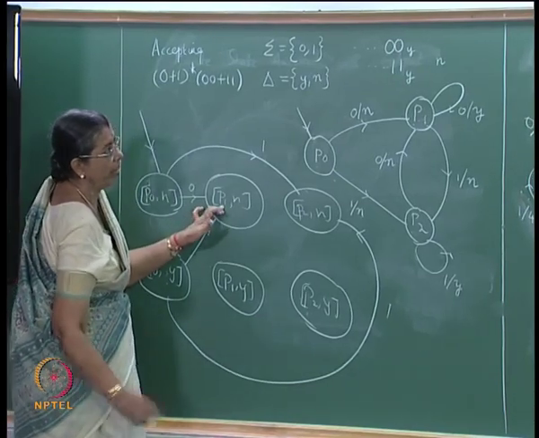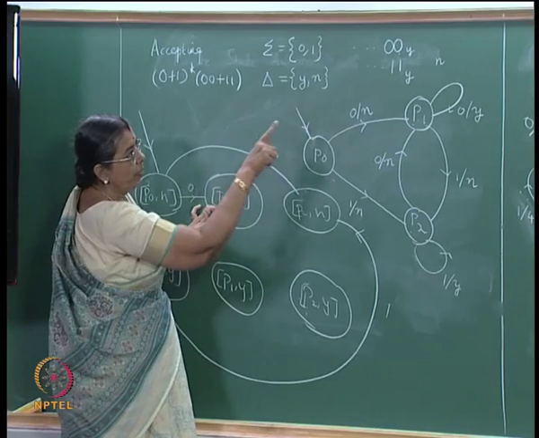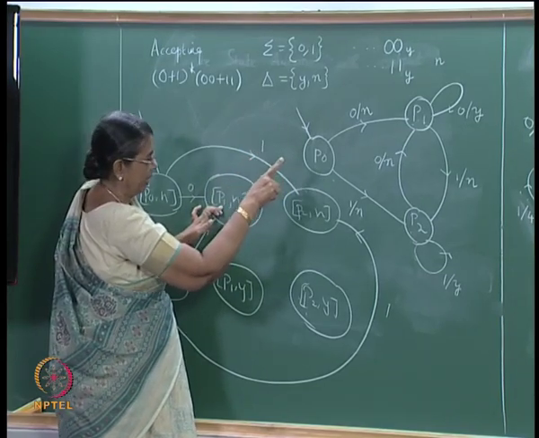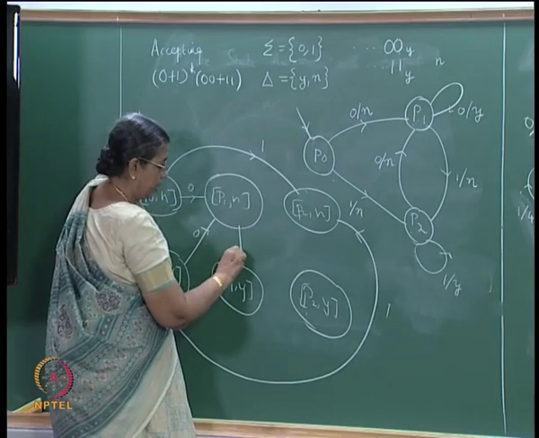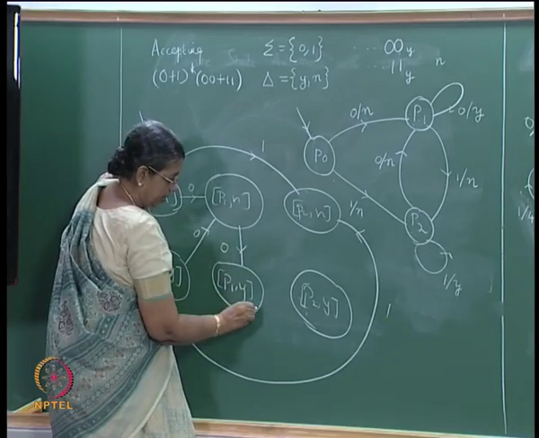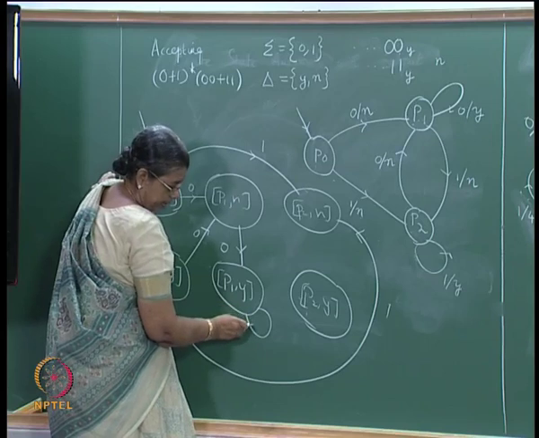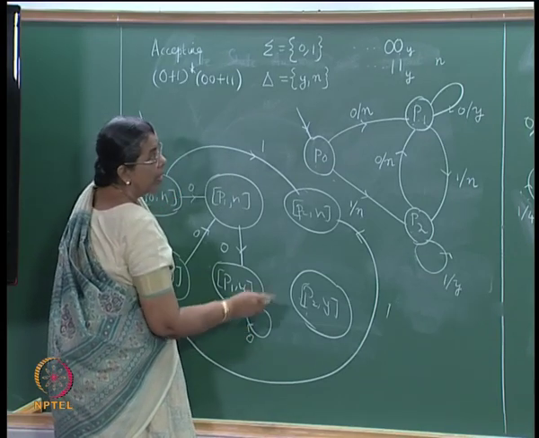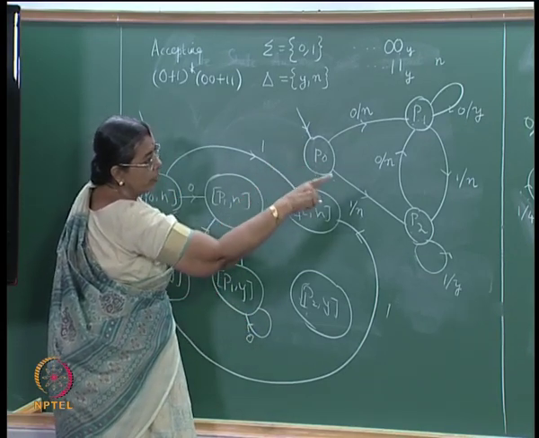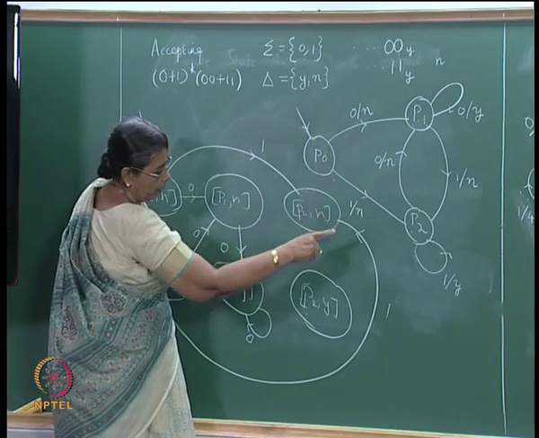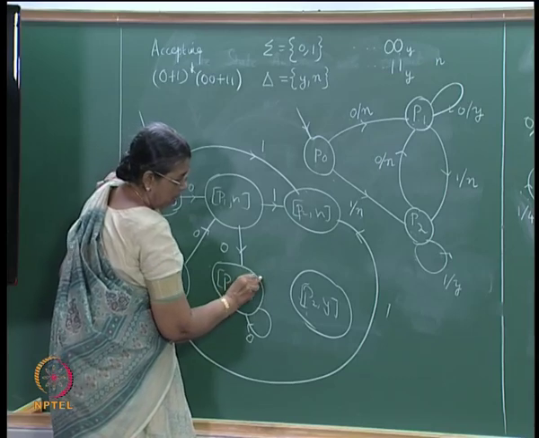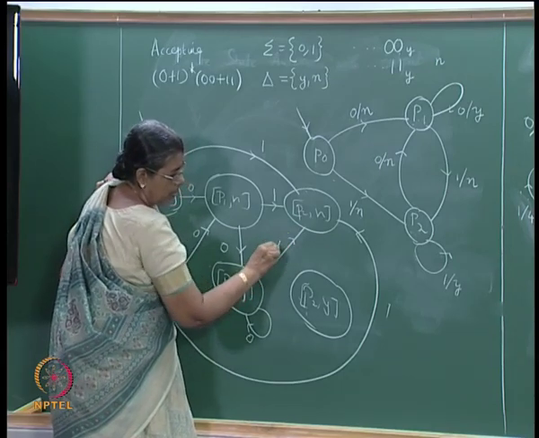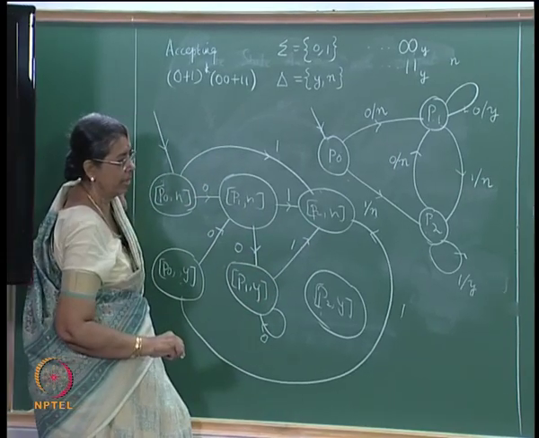From P1, when you get a 0, you go to P1 and yes. So, when you get a 0, it will be like this. When you get a 1, you go to P2 and no, so you go like this.